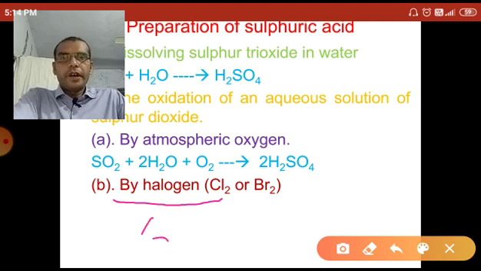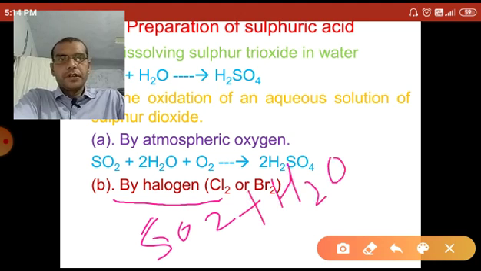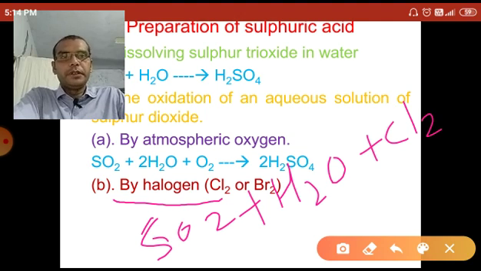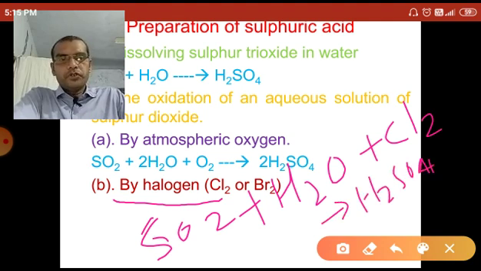So when an aqueous solution of sulfur dioxide is oxidized by chlorine or bromine, it forms sulfuric acid, H2SO4, and also HCl, hydrochloric acid.